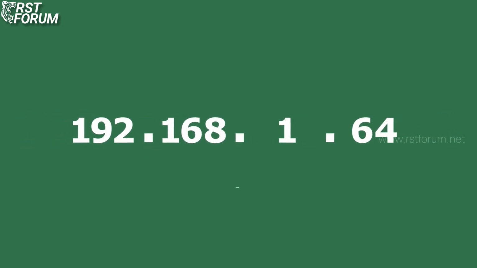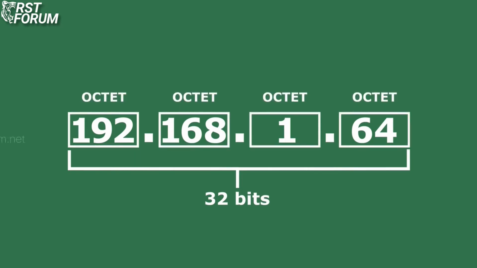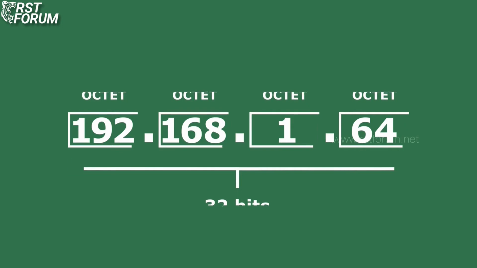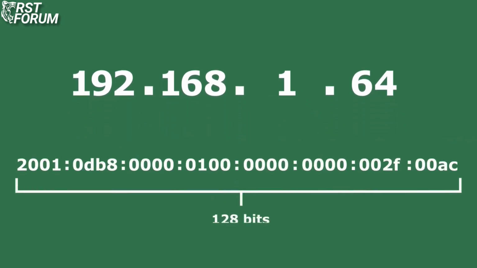An IPv4 address is 32 bits in length. It contains 4 octets, and each octet has 8 bits. In an IPv4 address, octets are separated by dots. Now in comparison, an IPv6 address is 128 bits long, providing a massive pool of addresses.